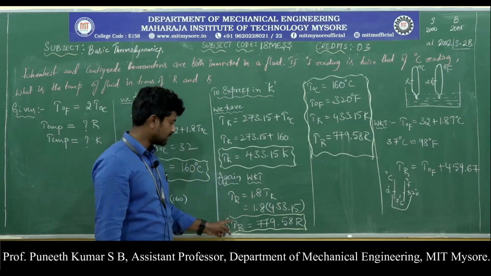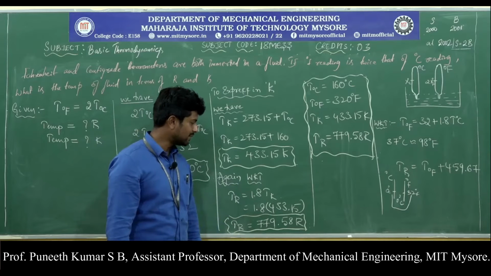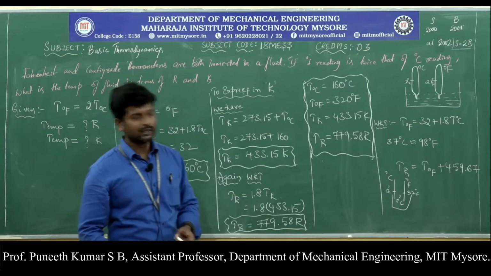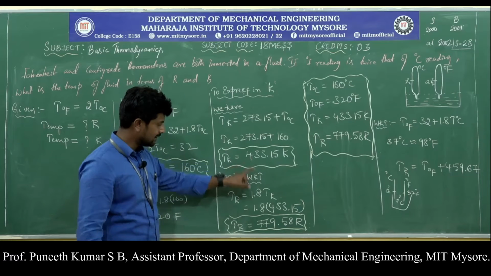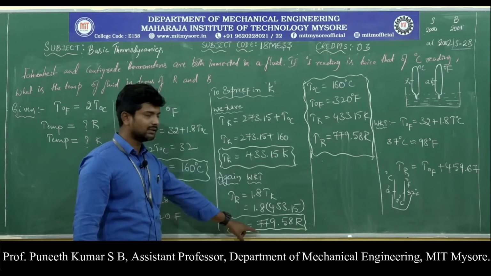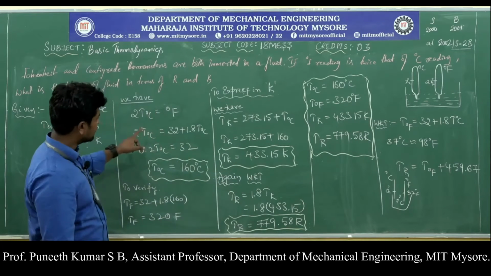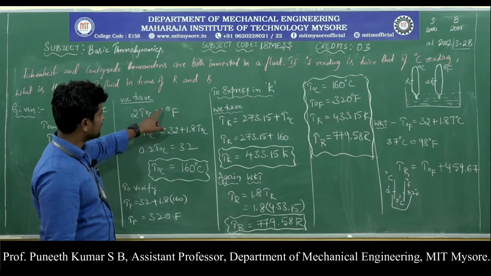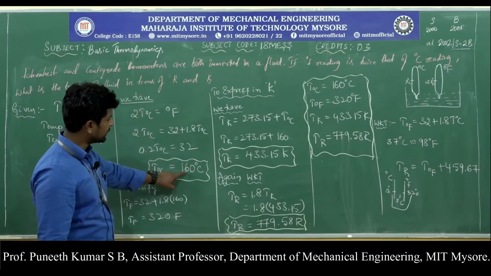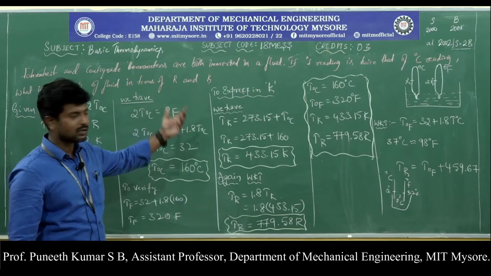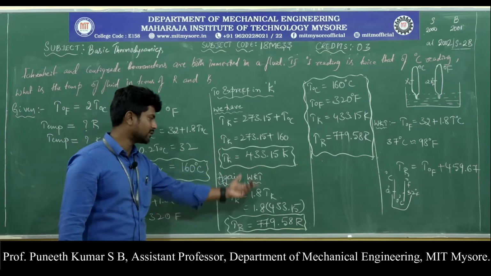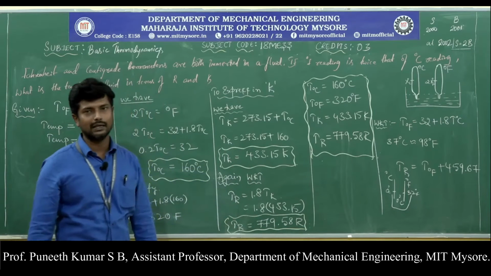So the final value is T degree Rankine equal to 779.58 Rankine. So what are these values? These two values are nothing but the temperature at which, when it is this particular degree Celsius, the Fahrenheit is exactly twice this value. The same value has been expressed in both Kelvin and Rankine.